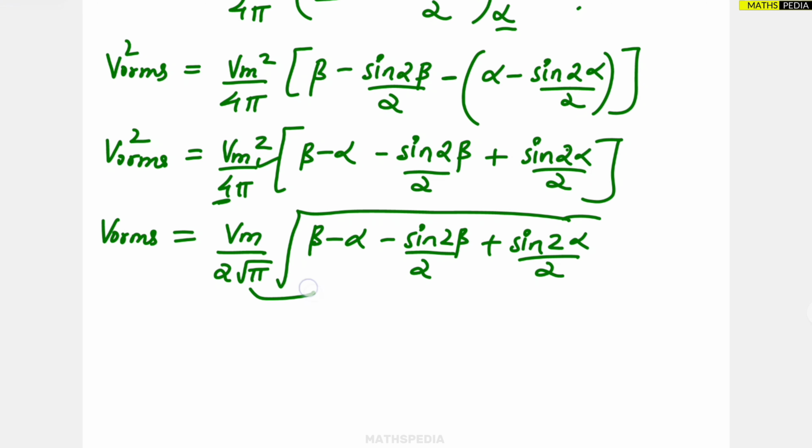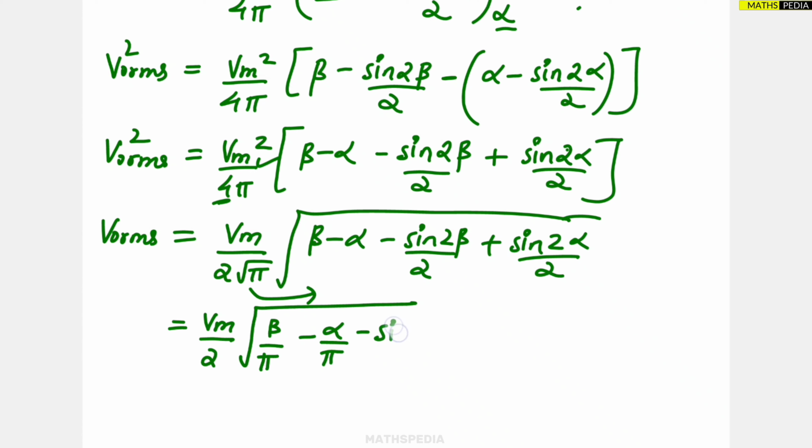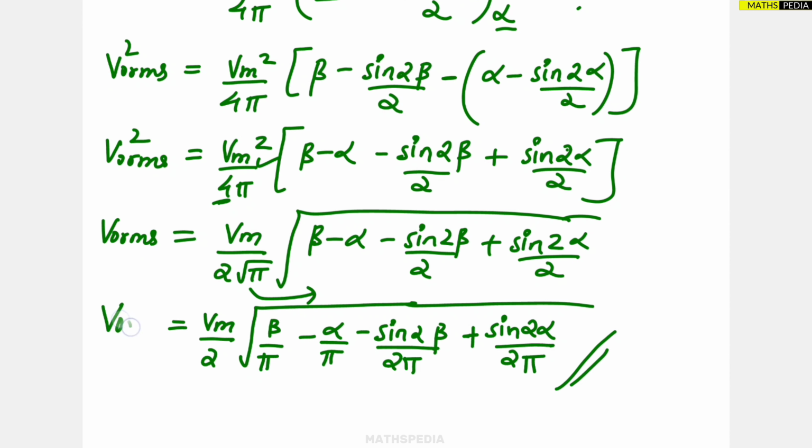If you want you can take this particular root pi inside also. So it will become Vm by 2, only a 2 it will be there, right? Inside the bracket it will become beta by pi minus alpha by pi, minus sine 2 beta by 2 pi, plus sine 2 alpha by 2 pi. So this will be the final thing. So V out RMS is equal to this particular expression.